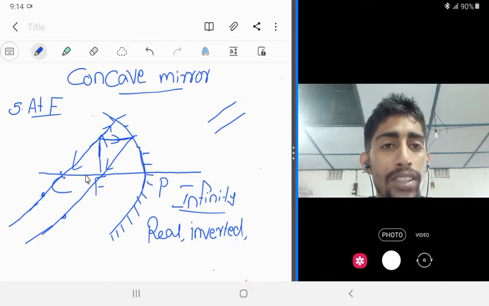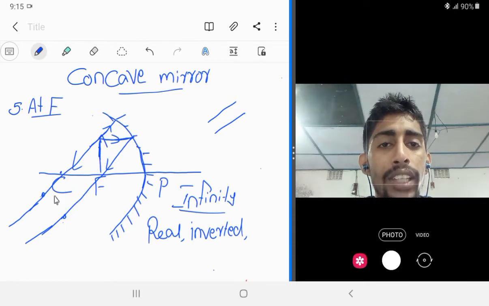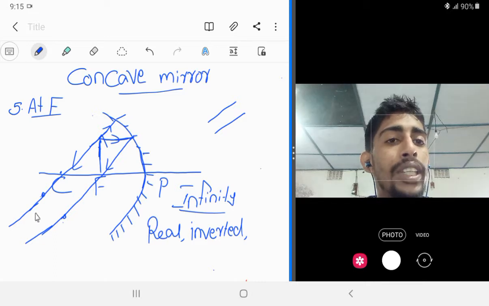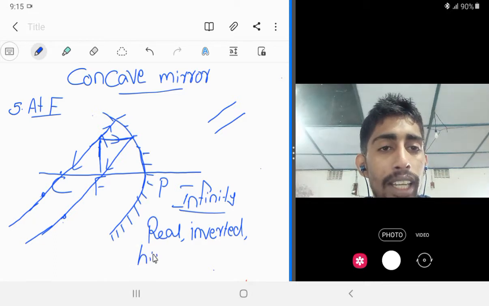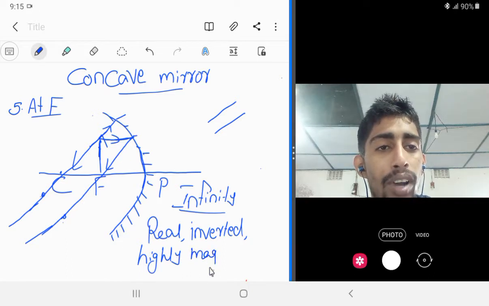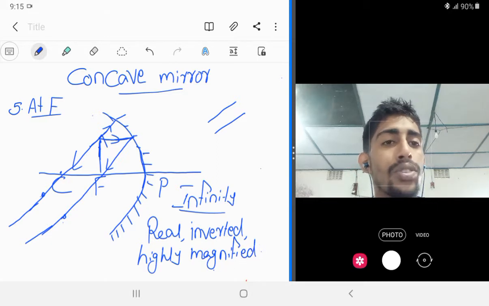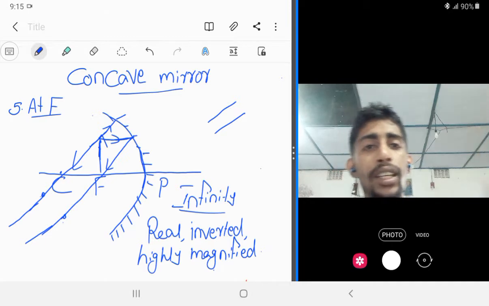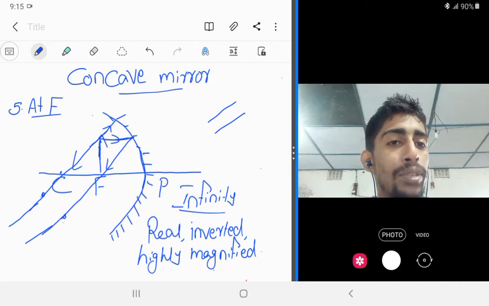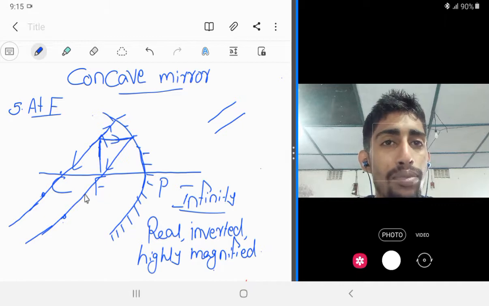Yeah, we can see here that the object is only this much size, but if we take the image which is moving down again and again, the image is highly magnified. So I hope you understood. We will get the image at infinity when we keep the object at the principal focus. Then the image would be real, inverted and highly magnified.